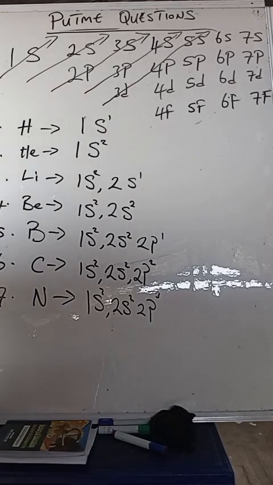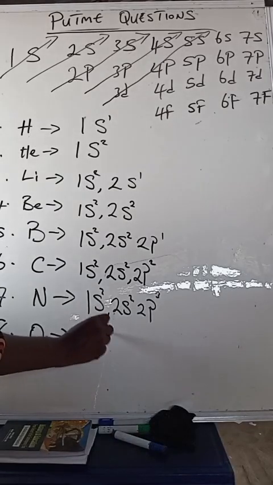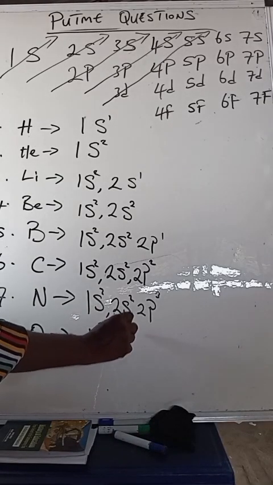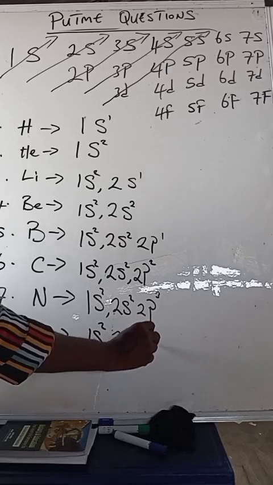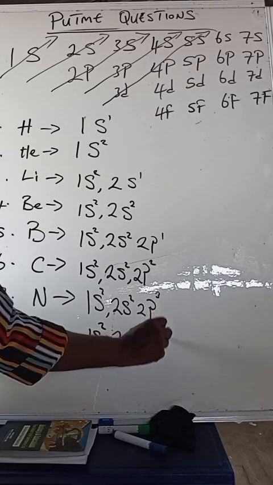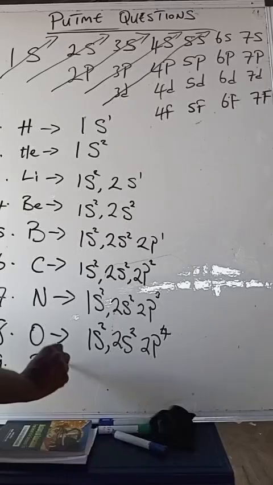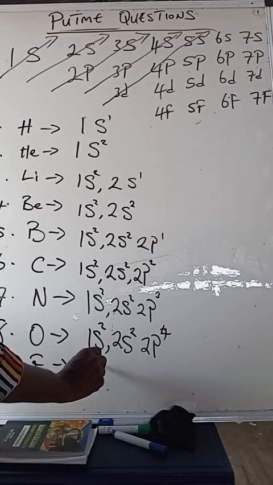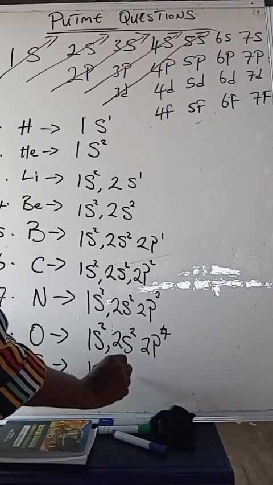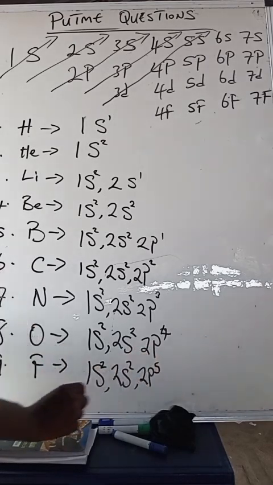The next element is oxygen, number 8: 1s2 2s2 2p4. The next one, fluorine, has the electronic configuration 1s2 2s2 2p5.